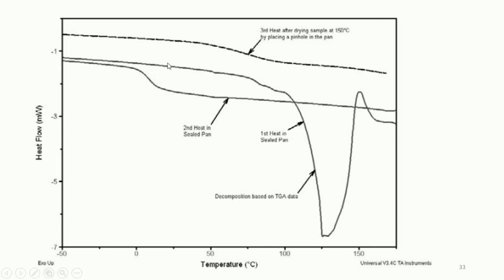So first we would like to talk about the first heat in the sealed pan. The first heat in the sealed hermetic pan does not show any transitions until just below 100 degrees Celsius, where the sample is known to decompose according to the TGA curve.